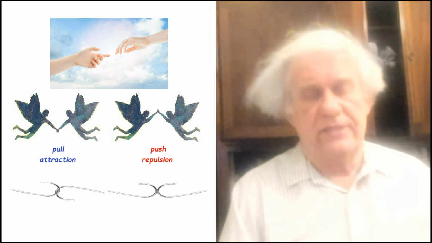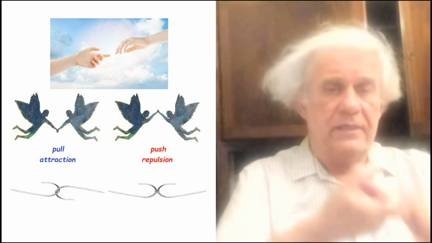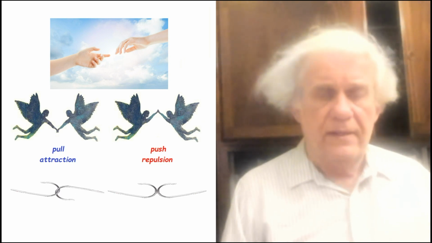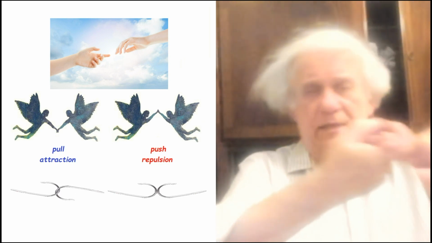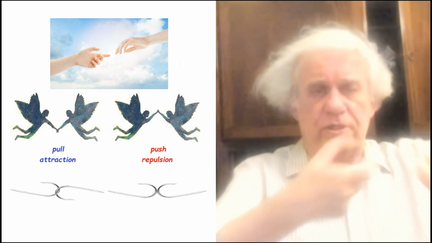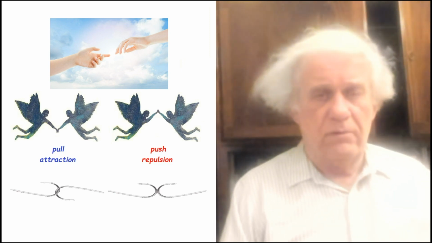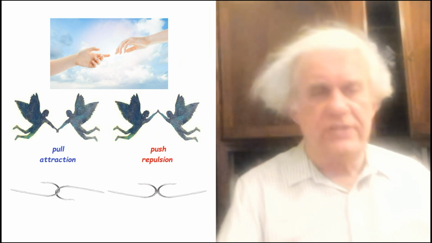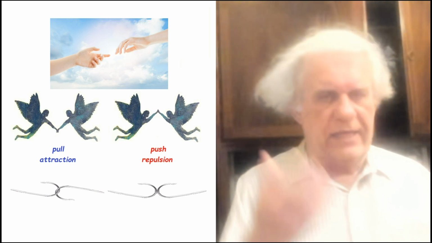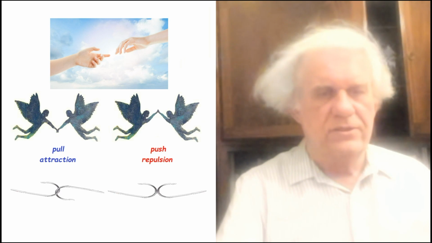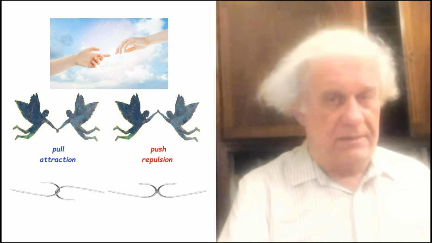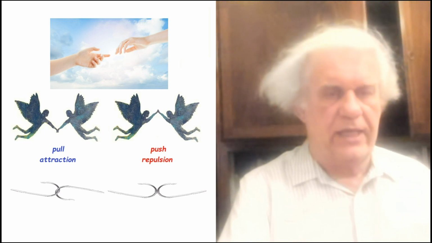Okay. Another fellow says, hey, I can do it with two hooks. When the hooks are like that, they pull, and when they're like that, they push. And so we have attraction and repulsion. Do you believe in hooks? Well, we don't care if you do or not. We're trying to understand the mechanism that you propose. In order to understand the mechanism, you need objects, right? You can't do it without an object.